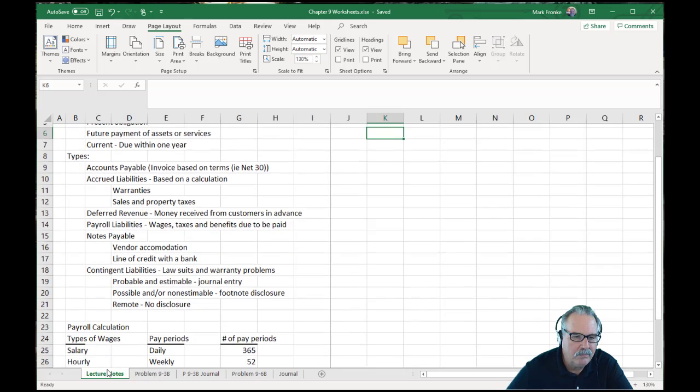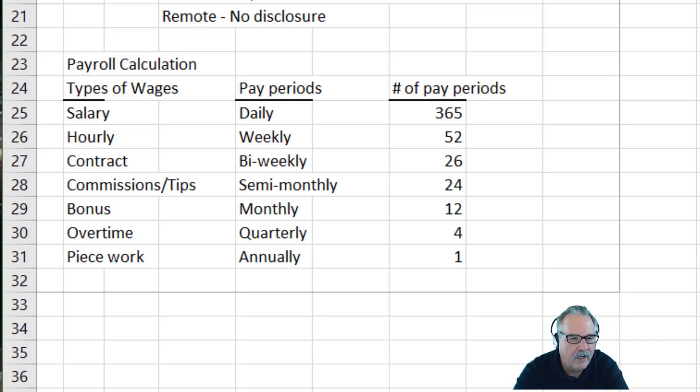So when we talk about a payroll calculation, there are lots of different ways that employees make money working for a company. They can get a salary. This is typically managers or supervisors that earn a salary based on an annual amount or monthly amount or whatever it is. We have hourly employees. This is typically labor.